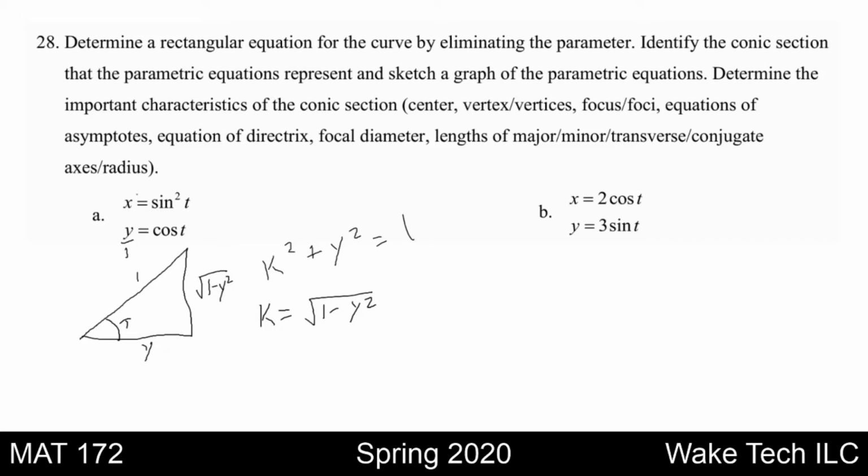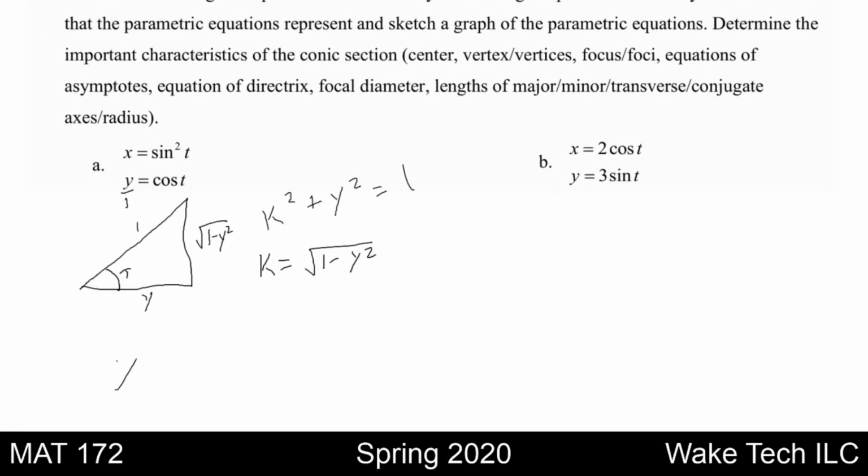Alright, knowing this, then we can create a relationship between x and y just by evaluating sine squared of t. Well, if this is t, sine is opposite over hypotenuse. Then x is equal to, instead of sine squared, we say opposite, the square root of 1 minus y squared, over hypotenuse, which is 1, and this term squared.